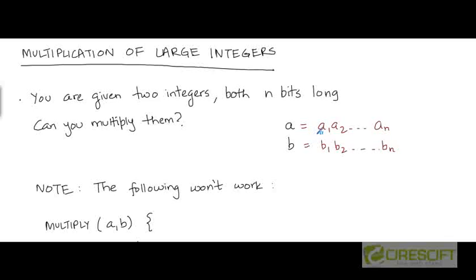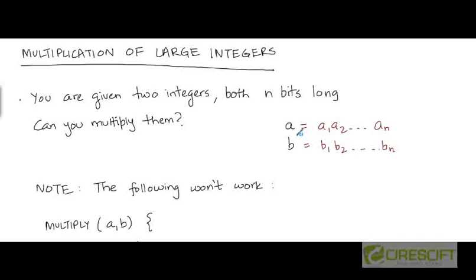For example, in some programming languages, you could have an integer data type that is 16 bits or 32 bits long. And if the number of bits in your two integers is less than 16 or less than 32, or whatever the upper limit is for that language, you could use the built-in multiplication operation to multiply these two numbers. And that's going to take a constant amount of time.